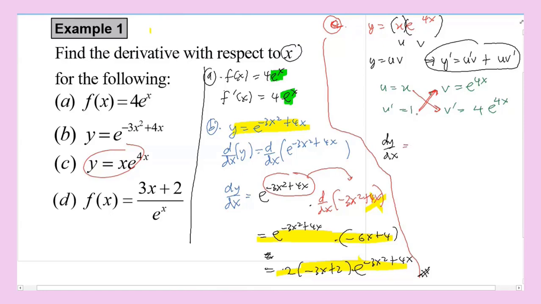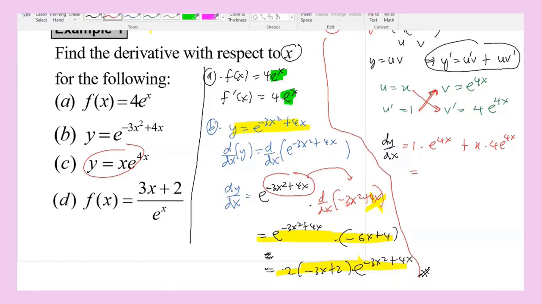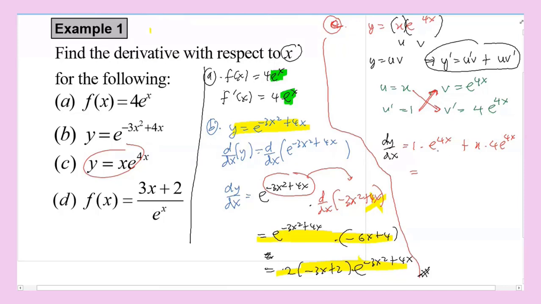The idea is this times e power 4x plus x times 4e power 4x. Simple. And then simplify. Then take this one and factorize e power 4x (1 plus 4x), and settle for C.